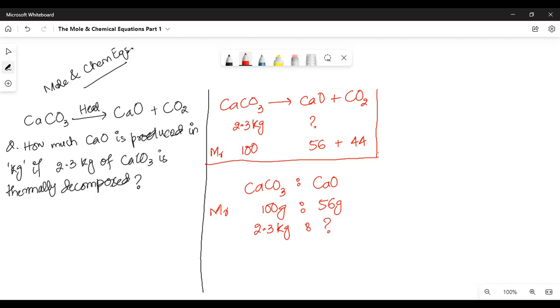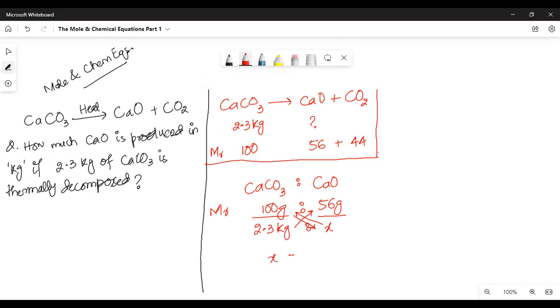What you can do for calculation is that, instead of putting a question mark over here, let's put it as x. Divide this with this. X goes over here. This goes over here. This comes over here.